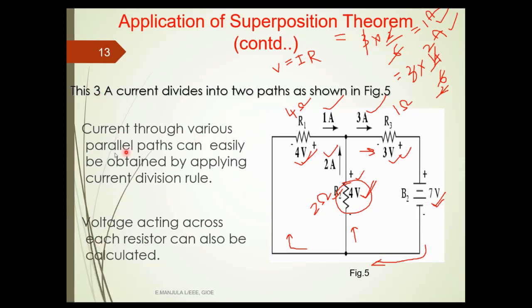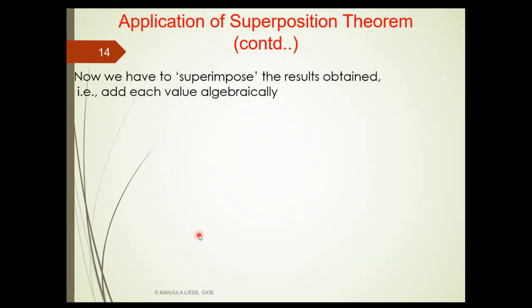So current through various parallel paths can easily be obtained by applying the current division rule. Yes. The voltage acting across each resistor can also be calculated. So we have done that part also.